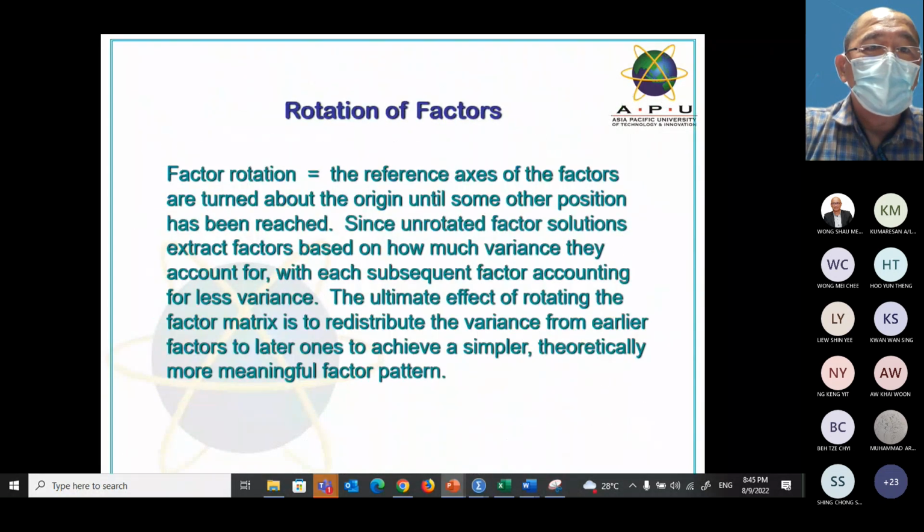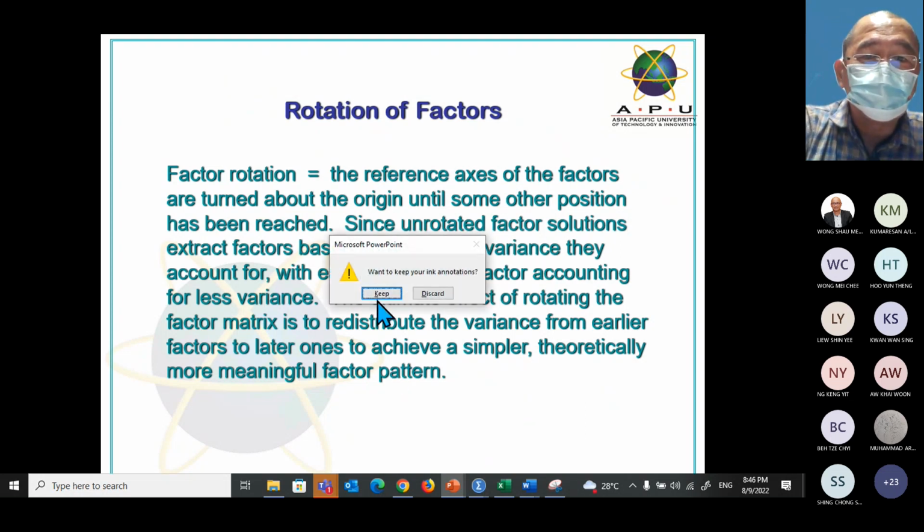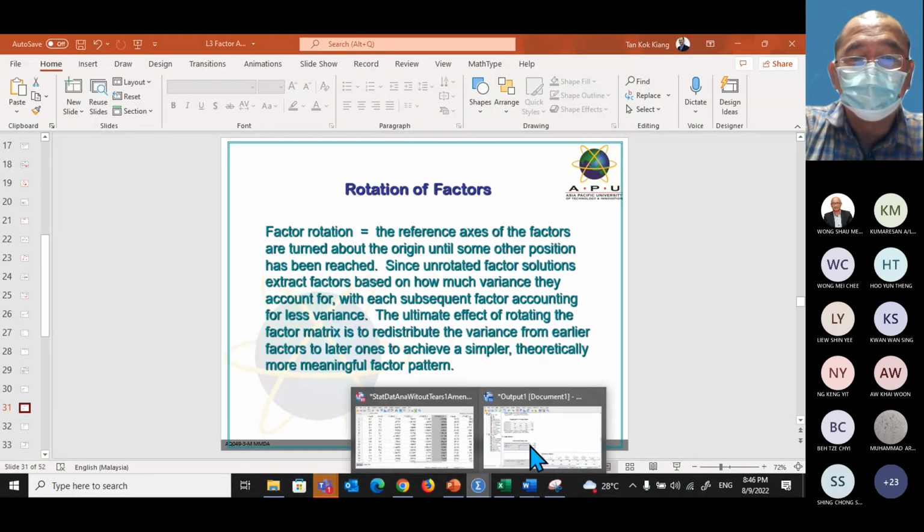So we can now see factor rotation. Sometimes the initial solution may not be so good.